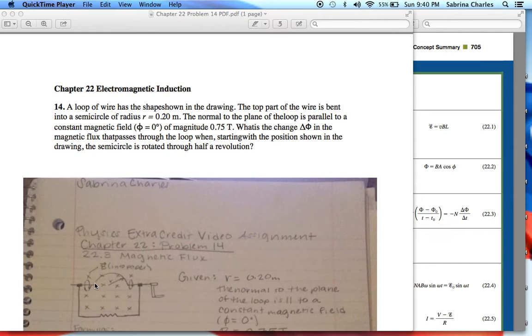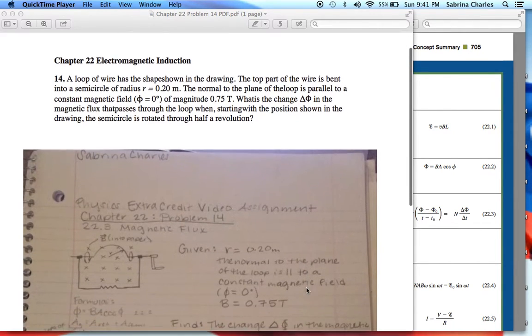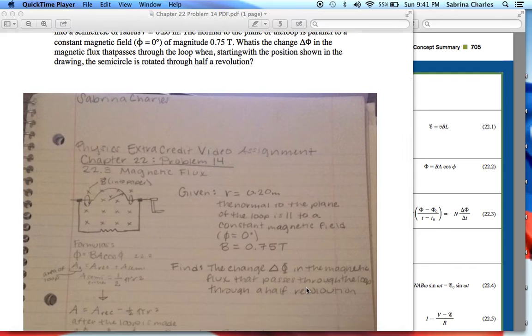this problem is from section 3, and we are given the radius, which is equal to 0.20 meters, and we also know that the normal to the plane of the loop is parallel to a constant magnetic field.